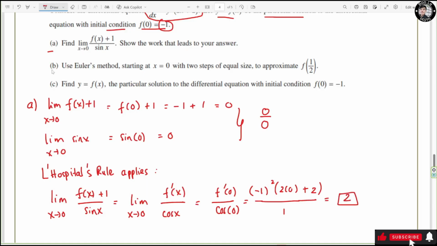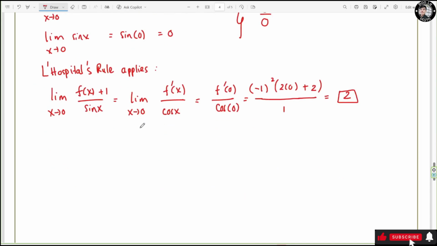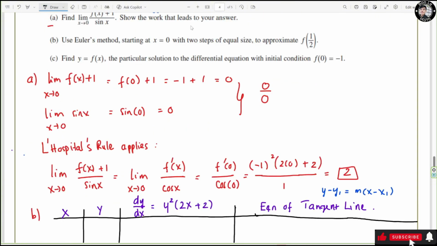Now question B. Use Euler's method starting at x equals 0 with 2 steps of equal size to approximate f of 1/2, right? So we're going to sketch the table. We start at x equals 0, so a equals 0, and we need to calculate f of 1/2, so b equals 1/2.